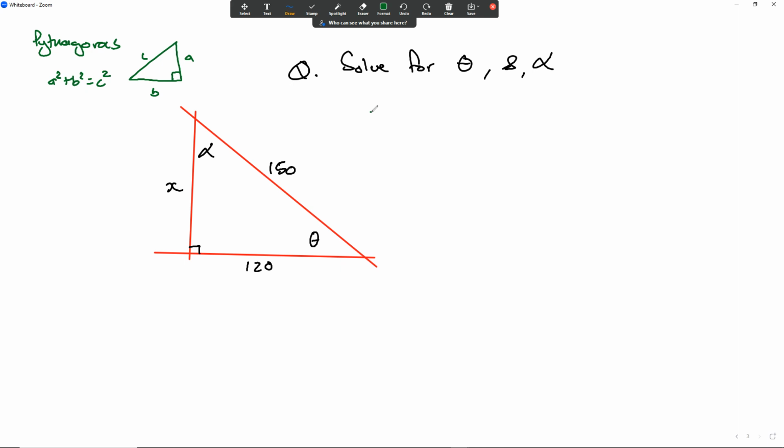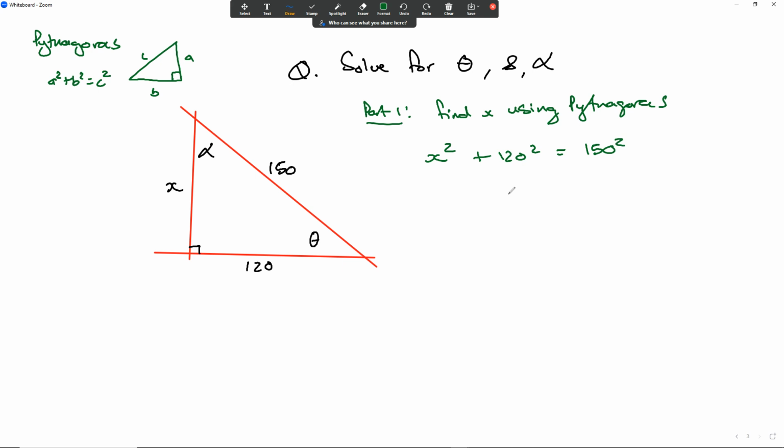All right, so let's go ahead and find x. So part one, we want to find x using Pythagoras, right? All we have to do is substitute into Pythagoras' theorem. So we're going to get x squared plus 120 squared will equal 150 squared.